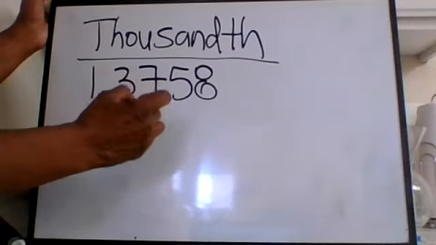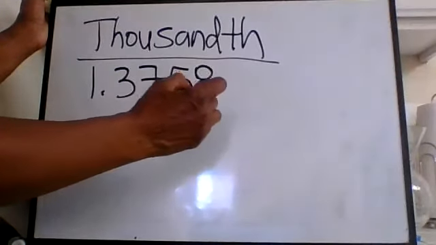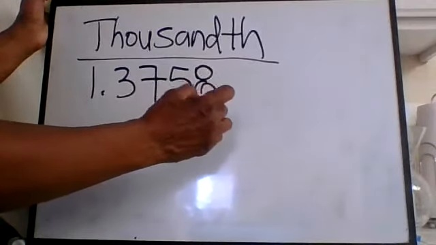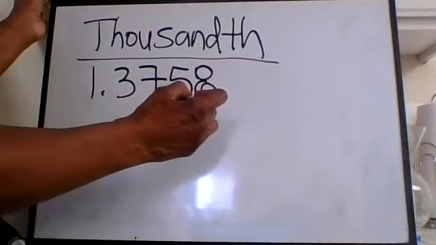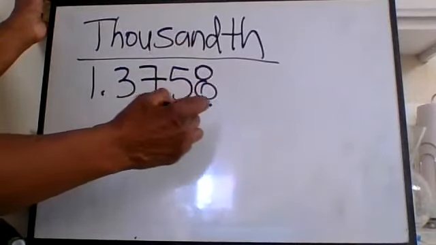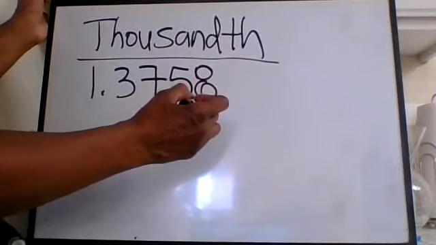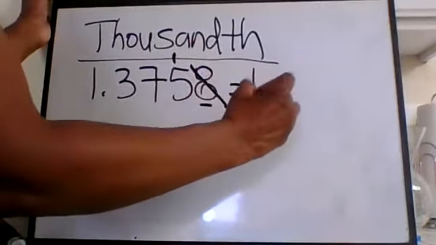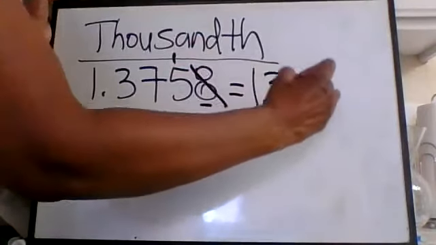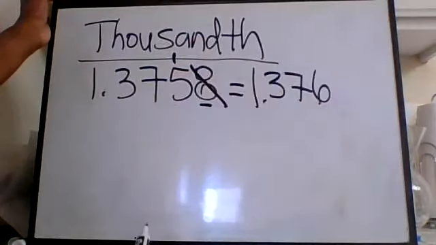We have tenths, hundredths, thousandths, ten-thousandths, right? So we look here at the ten-thousandths place to round for thousandths. Here's your thousandths place. This number is greater than 5, right? We add 1 here, this number comes off. So it's 1.376. That is the answer.